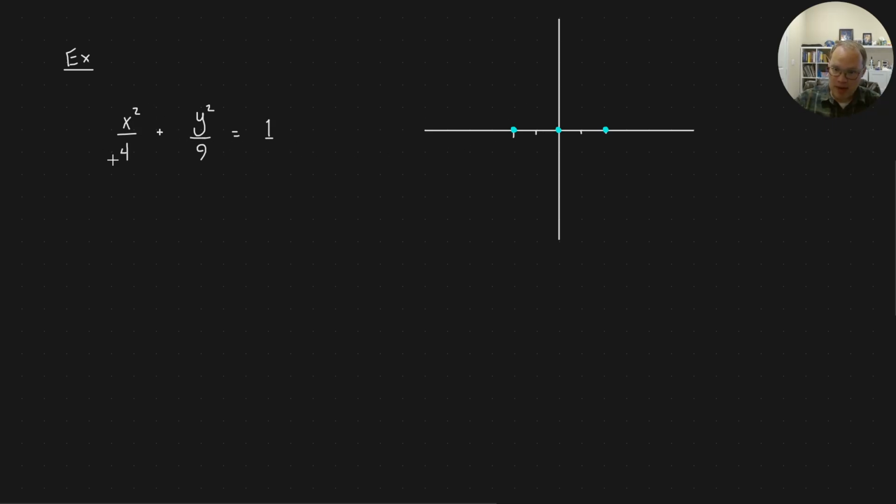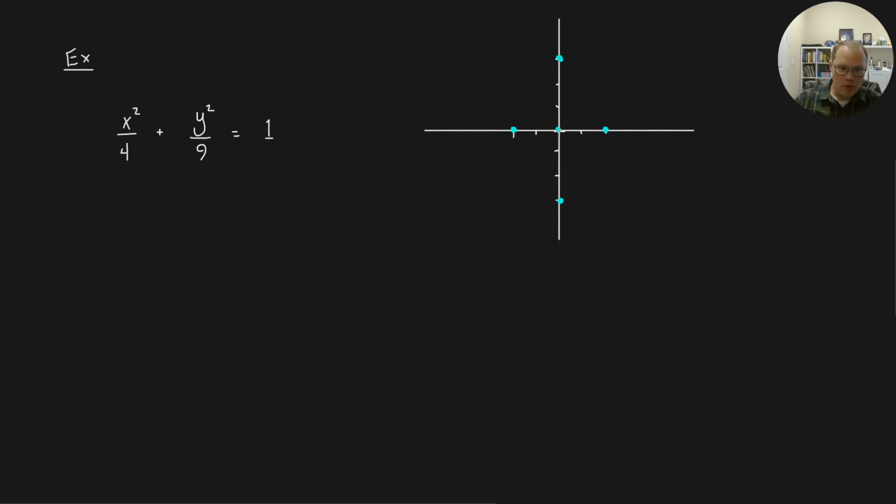Okay, and then same thing going up and down. If I'm going up and down, my x would be 0, so that goes away. And then what makes this equation true? What makes y squared over 9 equals 1? Well, y could be 3 or y could be negative 3. So you always go up and down the square root of the denominator of your y term. Okay? So up 3, down 3.